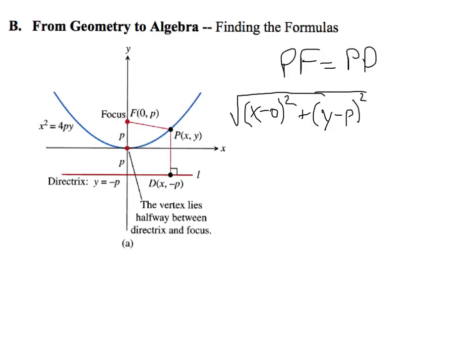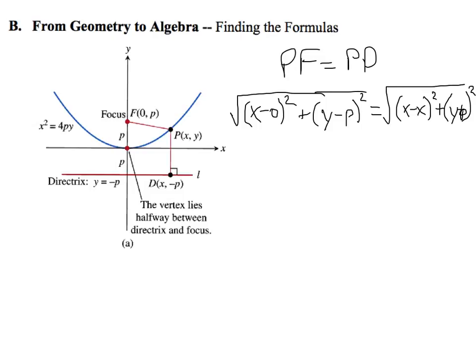So that was the distance from P to F. Now we want to do the distance from P to D. So the same sort of idea. I'd have x minus x, squared, plus y minus a negative p, which is really y plus p, and that has to be squared.